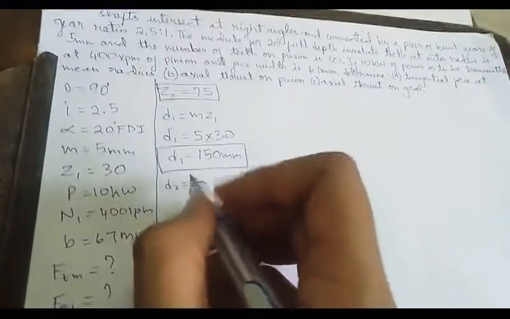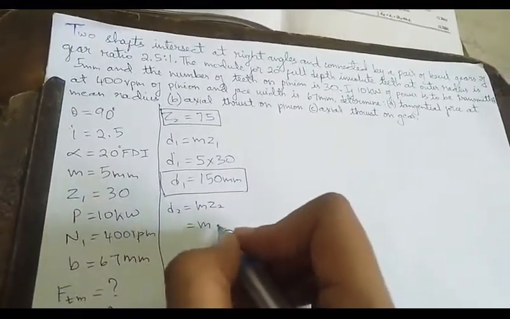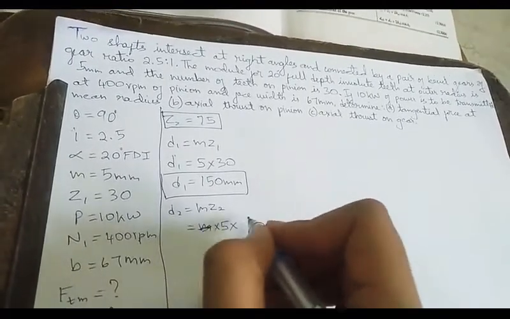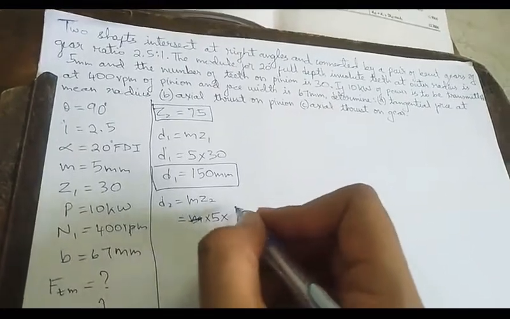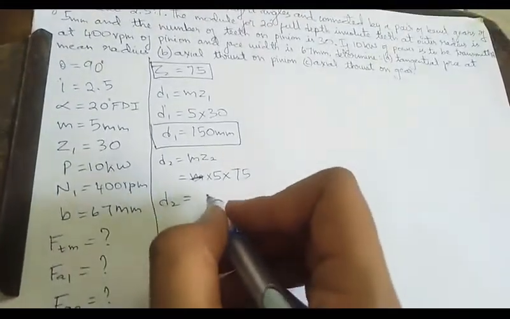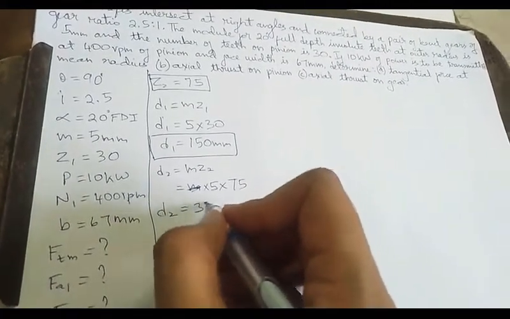Similarly, D2 is equal to m z2, which is 5 into Z2, 75. So D2 is equal to 75 times 5, which is 375.